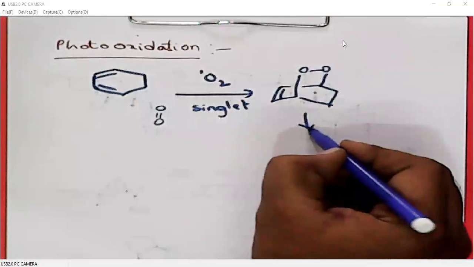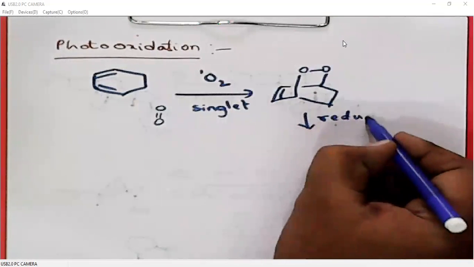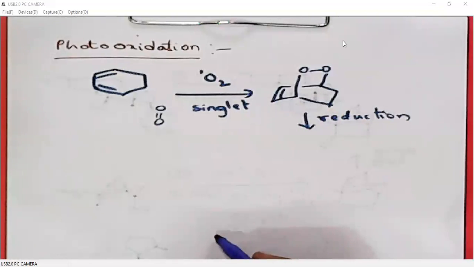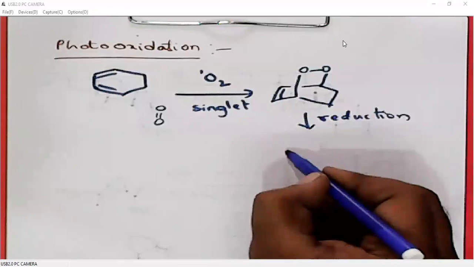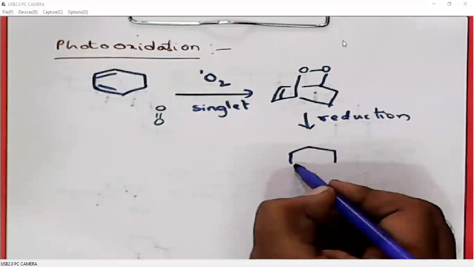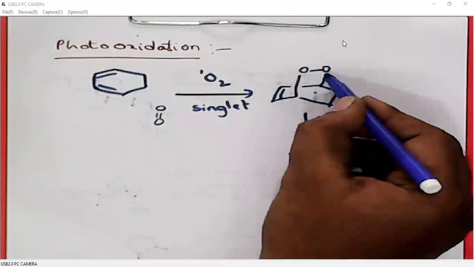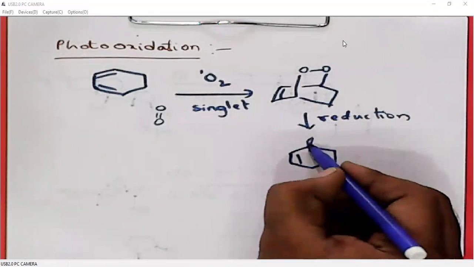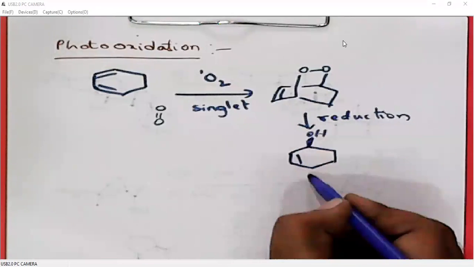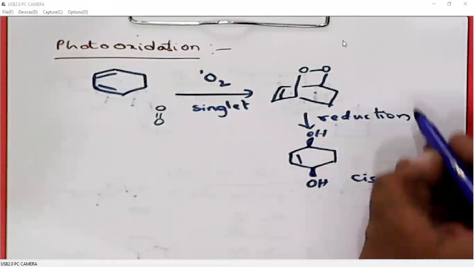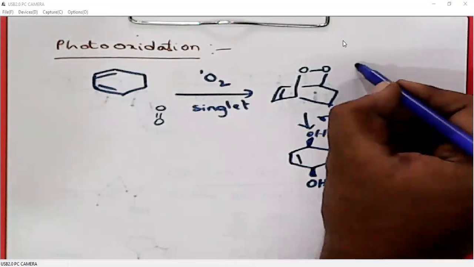Then when we reduce it, this cyclic peroxide will be converted to alcohols, because these two peroxide bonds are on the same plane. So what we will get is a cis diol. This is the cyclic peroxide.